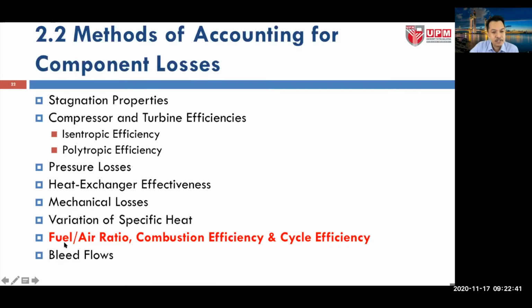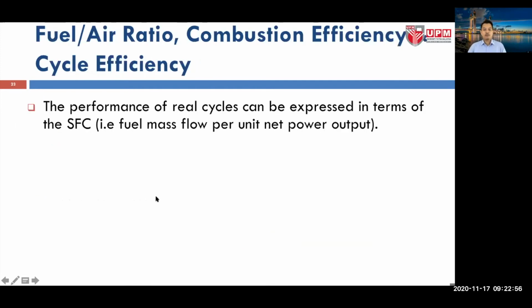The next one is fuel air ratio, another item that we need to use many times in our examples, for the combustion efficiency as well as the cycle efficiency. The performance of a real cycle can be expressed in terms of the specific fuel consumption and the fuel mass flow per unit net power output.